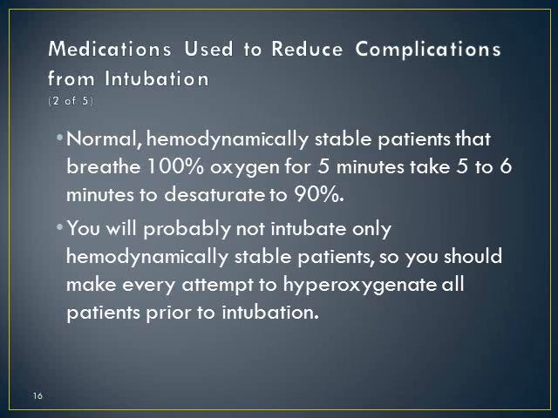Okay, when I talked about if we give them 100% oxygen by BVM, or even if we slap a non-rebreather mask on their face at high flow oxygen level, and because they're actually ventilating well on their own, if you can have them on that 100% oxygen, what's going to happen is you're going to displace all of that nitrogen with oxygen, and you're going to increase their PaO2. All right. Now, in a normal patient, what that means is when you go in, you've got at least 5 to 6 minutes, sometimes upwards of close to 10 minutes, that they will maintain an oxygen saturation of 100% even if they're not breathing. Okay?